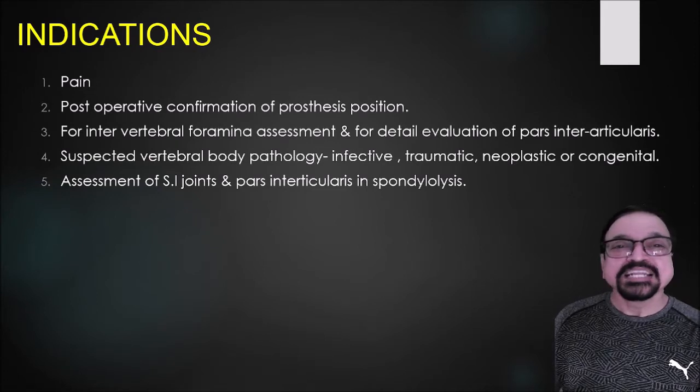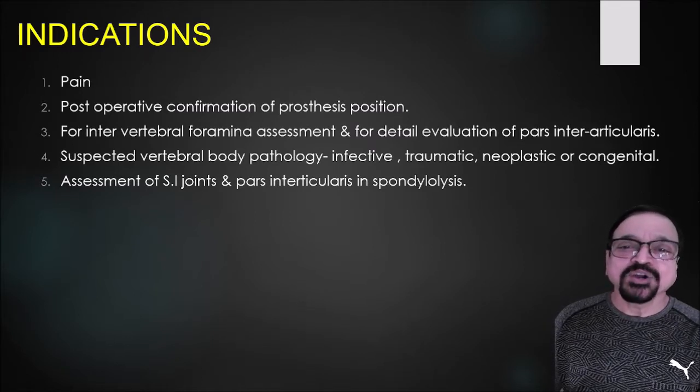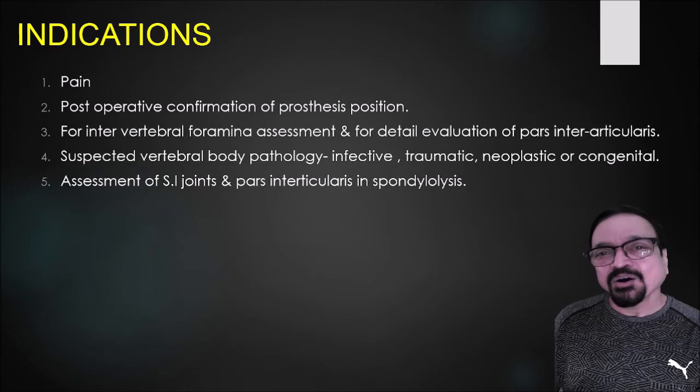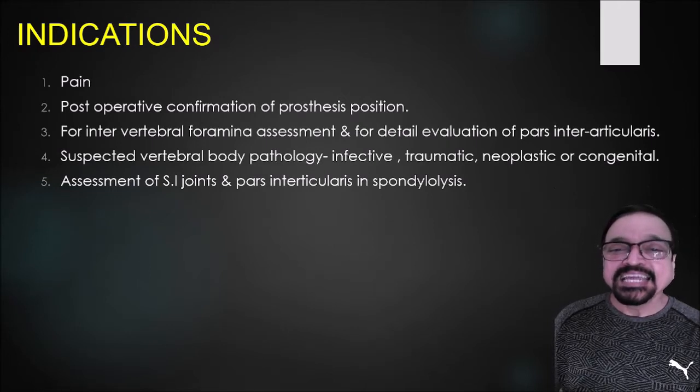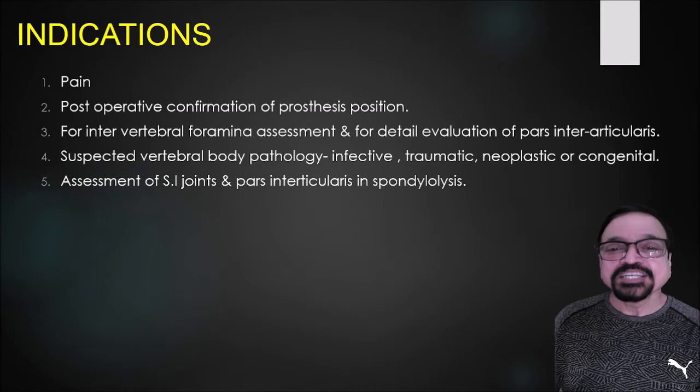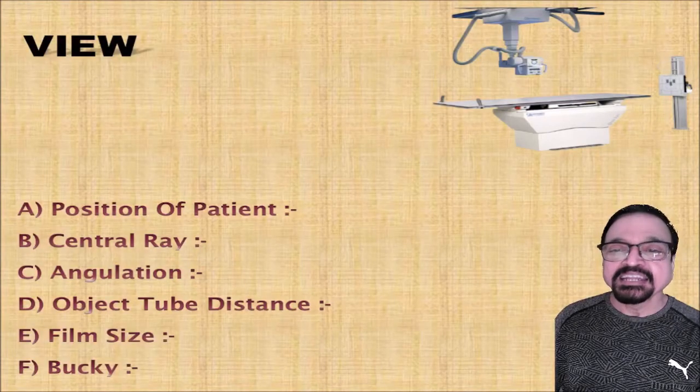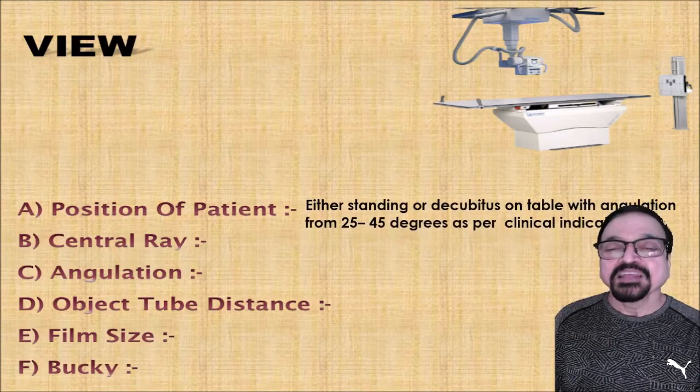But here we are discussing oblique projection, and oblique projection gives the best view of the articular surfaces of the SI joint, and even in the era of MRI, it is still preferred when you are suspecting something of the SI joints. It's very simple: take both obliques and see the articular surfaces of the SI joint, and the pars interarticularis, as I told you, is another view that is definitely still indicated even today.